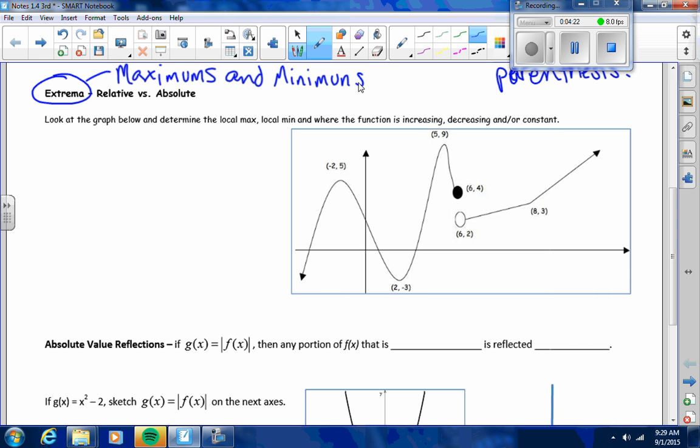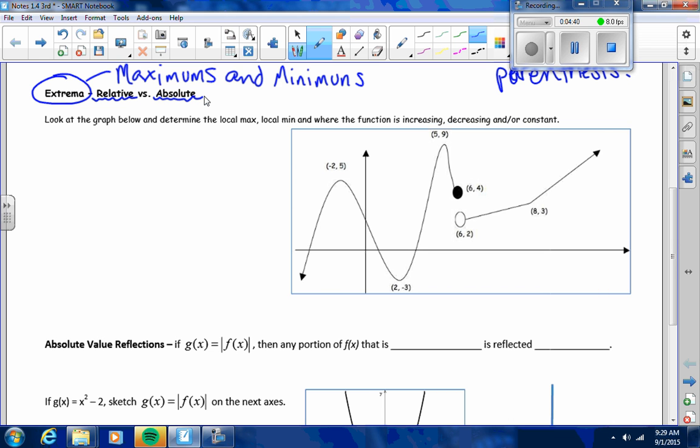Extrema means you're looking for your maximums and your minimums. Now with maximums and minimums, we have two types. We have relative maximum and minimums, and we have absolute maximum and minimums.